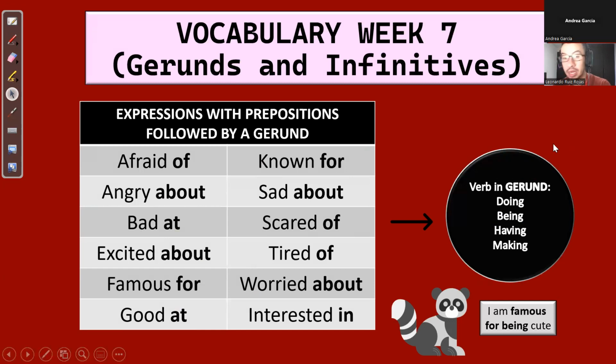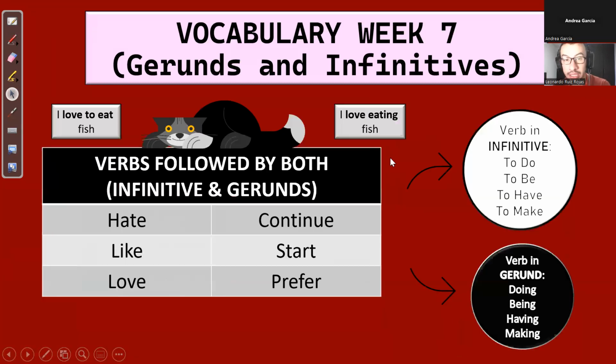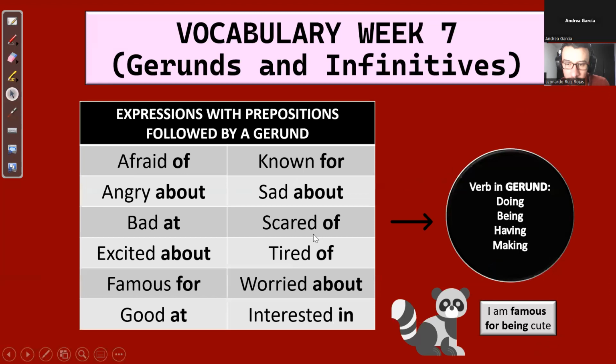Now we're going to have the next one, which is six verbs that can use gerund or infinitive, and it's the same. For example, here we have the previous example: I am famous for being cute. The little panda says, I am famous for being cute.